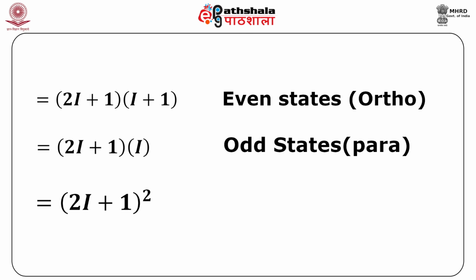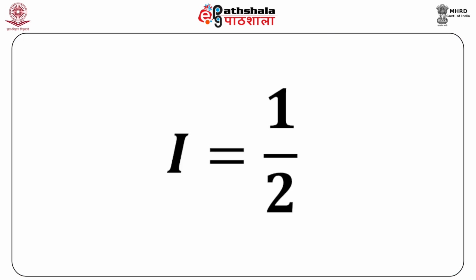So, if I is the nuclear quantum number of an individual atom constituting the diatomic molecule, then the total number of nuclear states possible for the diatomic molecule will be (2I plus 1) whole square. This we have already learnt. If we deal with the hydrogen molecule H2, then I will be equal to half.